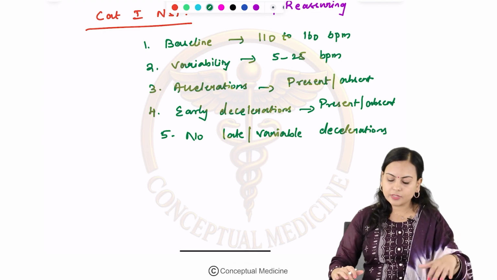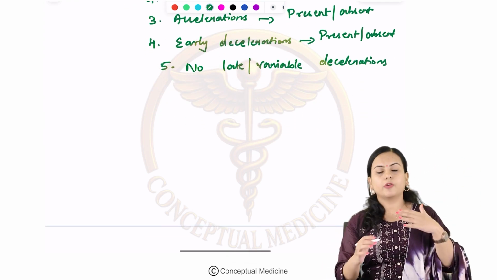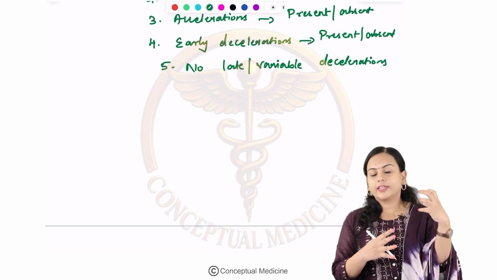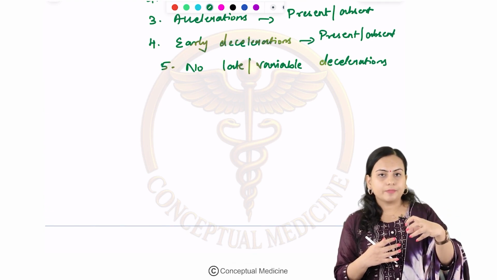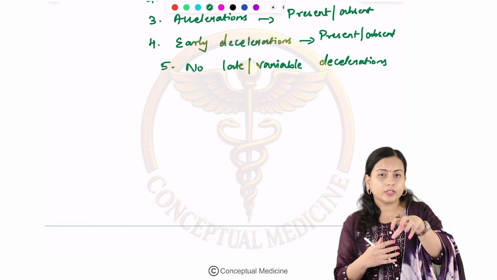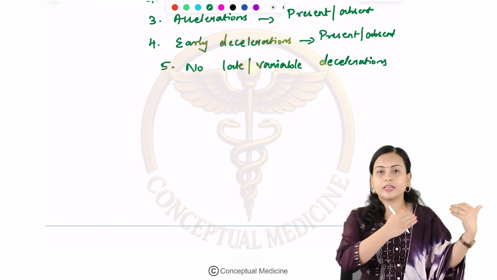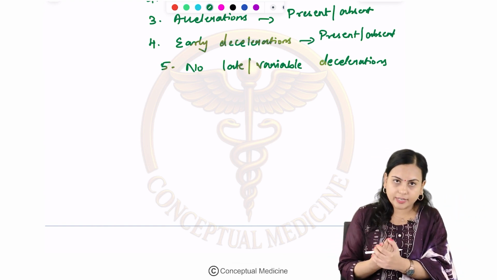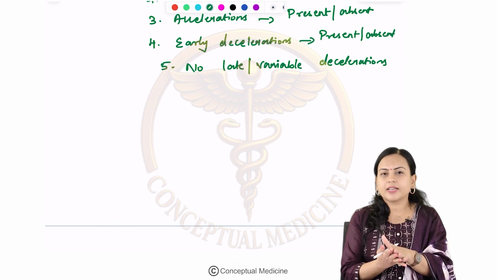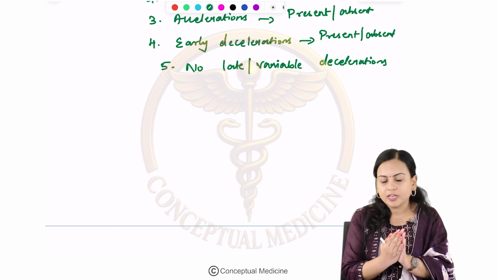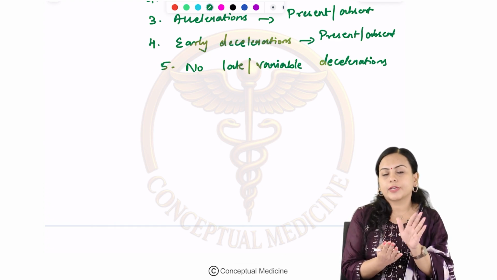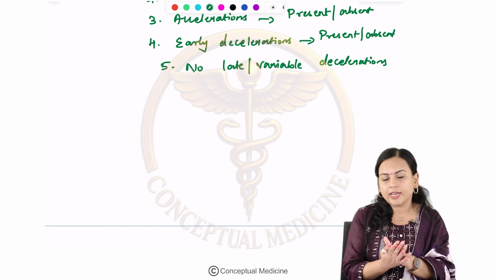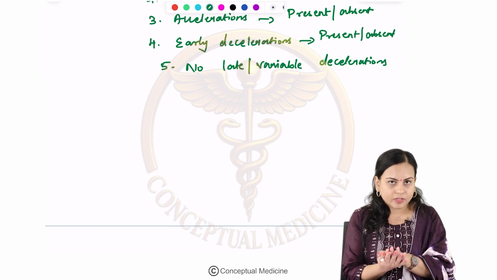If you are confused with this, let me tell you about how the labor is going. When the labor is happening, what is going to happen? The fetal head is going to give all the push for the entire fetal torso to descend through the vaginal canal. Isn't it? So, definitely there is going to be fetal head compression, and this fetal head compression is only going to be monitored more as early deceleration, right?